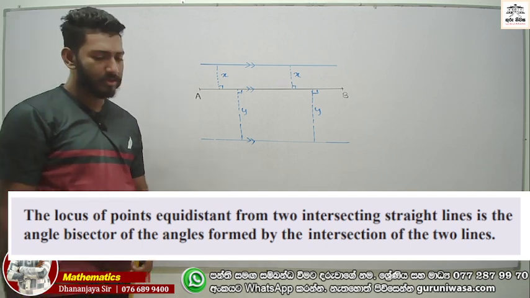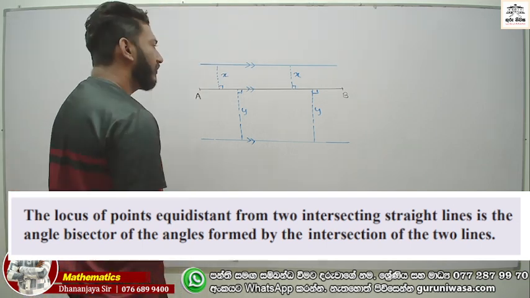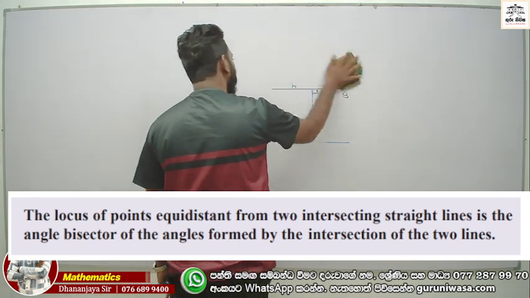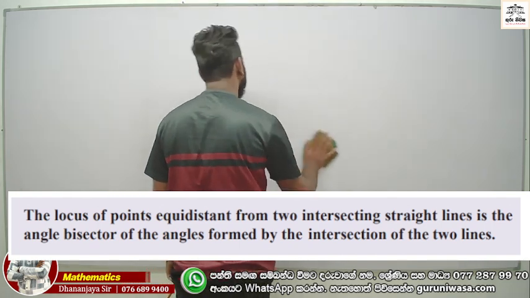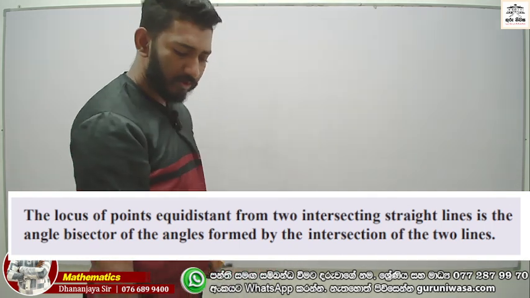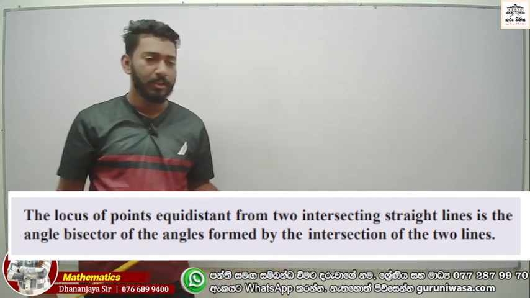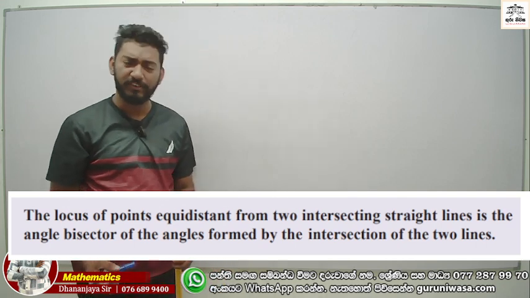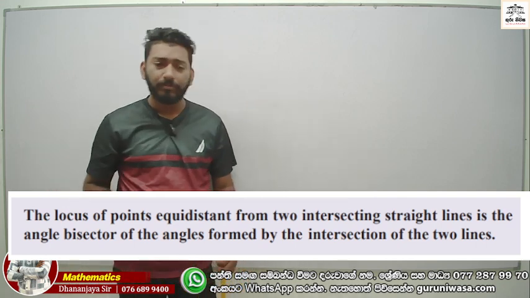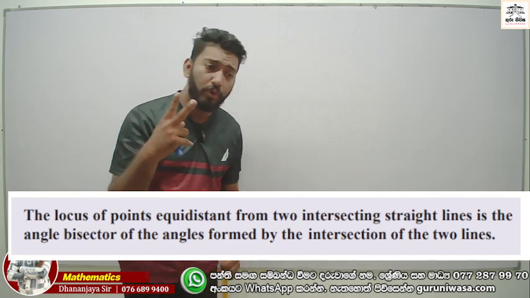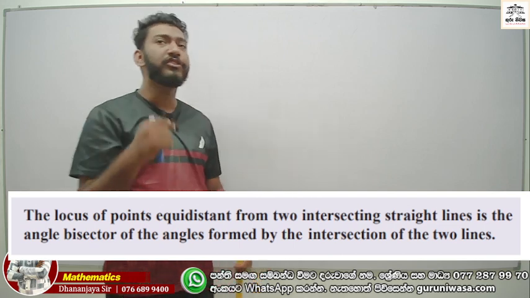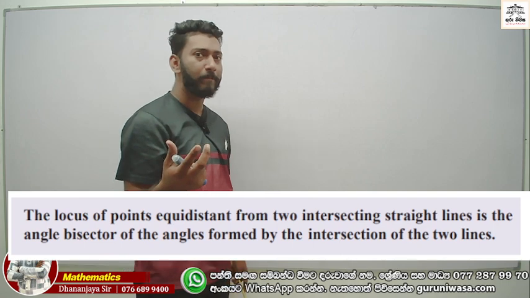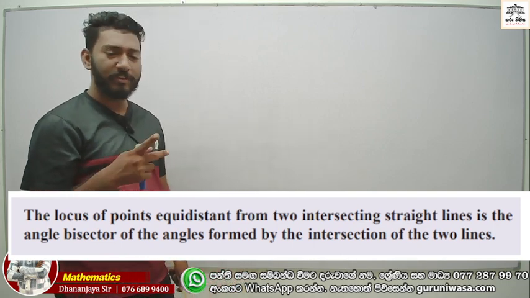Okay. Now put the number 4. And this is the last one about the main loci. The locus of points equidistant from two intersecting straight lines. Two intersecting straight lines, that means those two lines must intersect each other.